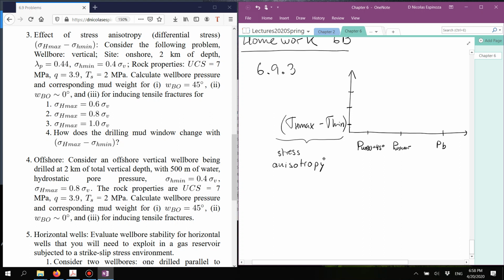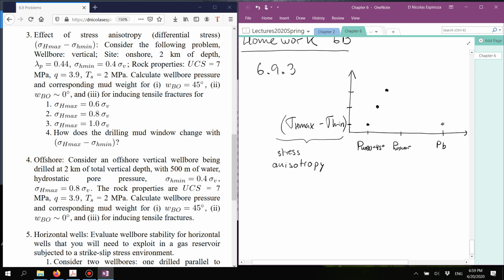And as you're going to see, as your stress anisotropy, the difference between sigma H max and sigma H min for this particular case, increases, that means that it's going to be harder to drill a wellbore and your mud window is going to be smaller. So your PWBO, if it was somewhere over here for this small stress anisotropy, as you increase that stress anisotropy, this value is going to increase.